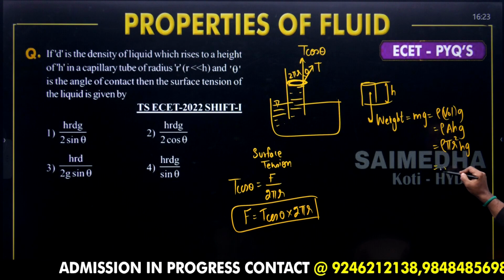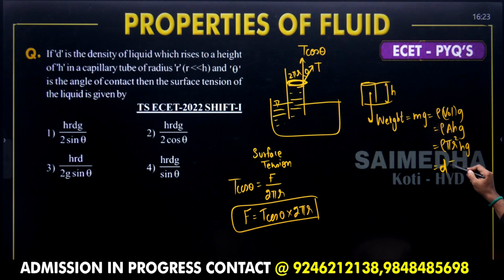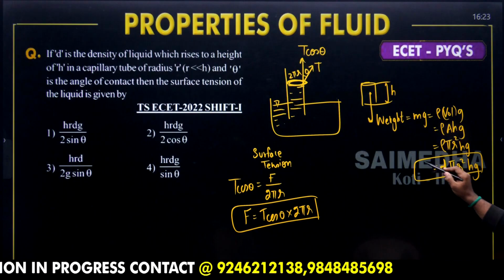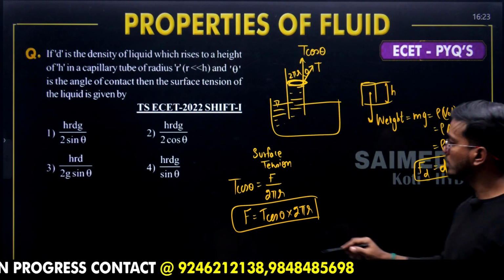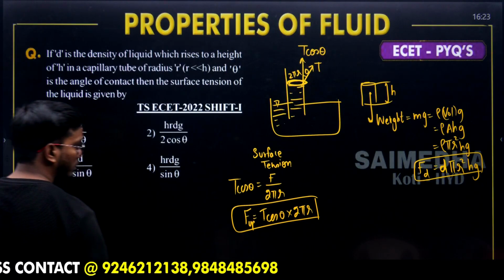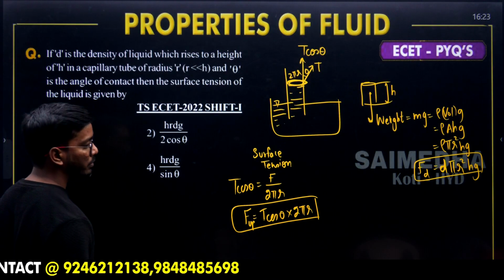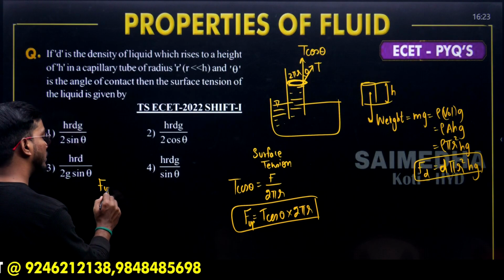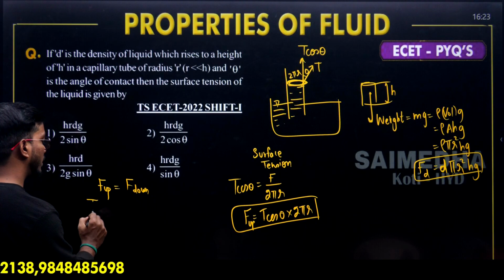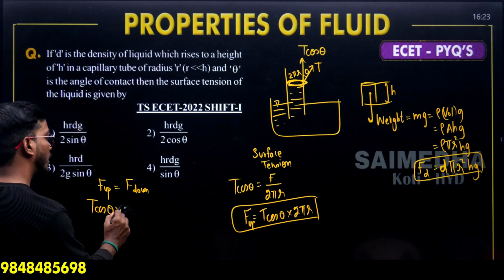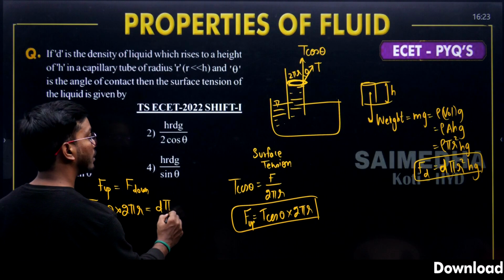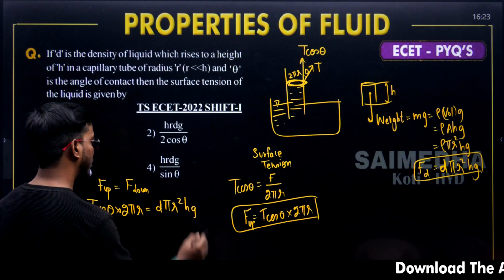The question is mentioning density as d. So d pi r square h g is the formula for which force? Downward force. This is the downward force and this one is the upward force. Equalizing these two forces, upward and downward, equilibrium condition: upward force is equal to downward force. Then the formula is T cos theta into 2 pi r is equal to d pi r square h into g.